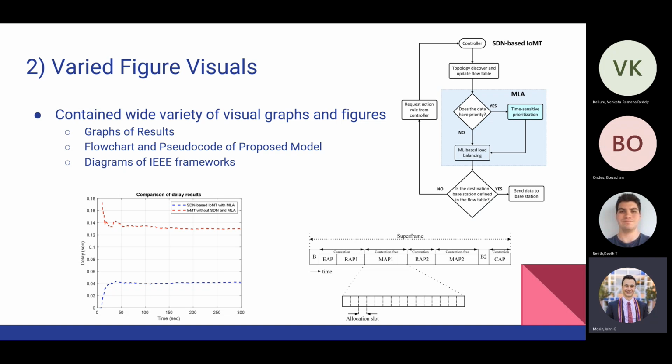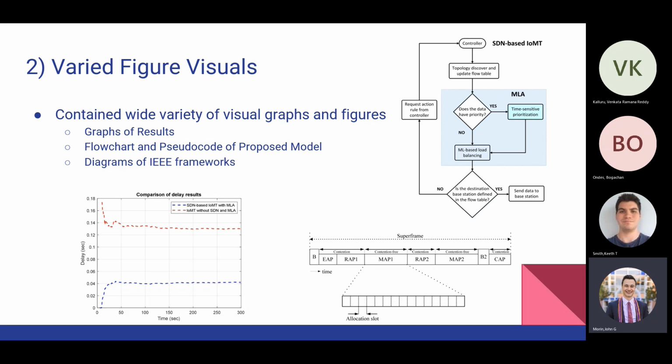And then they also have different pseudocode for their proposed model. And then on top of that, for the results, they incorporated a bunch of different graphs so that you could really see how beneficial their model in blue was versus the model in red. And so you can see, for example, the delay was much less.